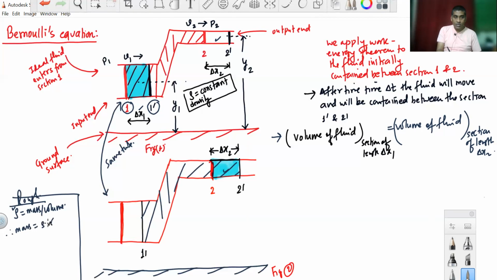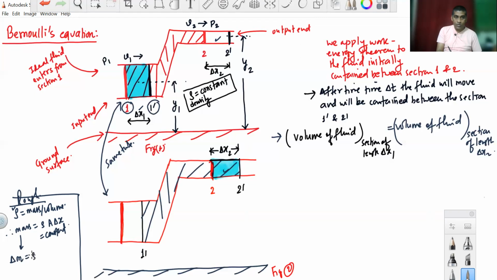density times volume, and we know volume equals area times thickness, and let us denote thickness by symbol delta x. So this is constant, so we can write in this way. Let us denote mass by symbol delta m.